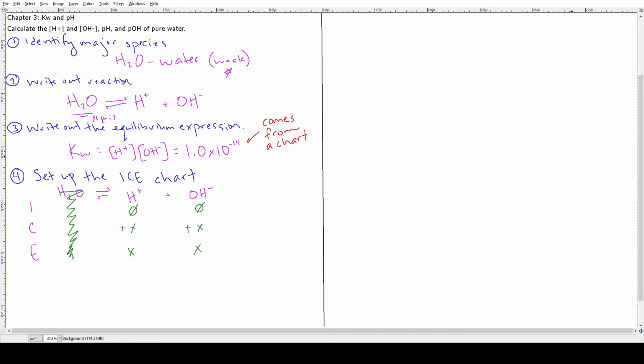So let's move on to step 5. We're going to plug everything that we have into the equilibrium expression.